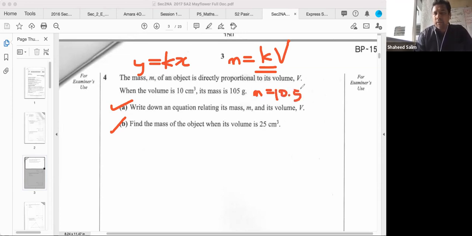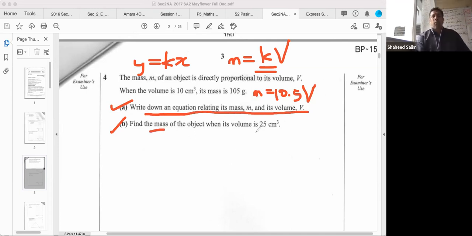This is your answer for here. Now you substitute in to find what is the mass when V is 25.